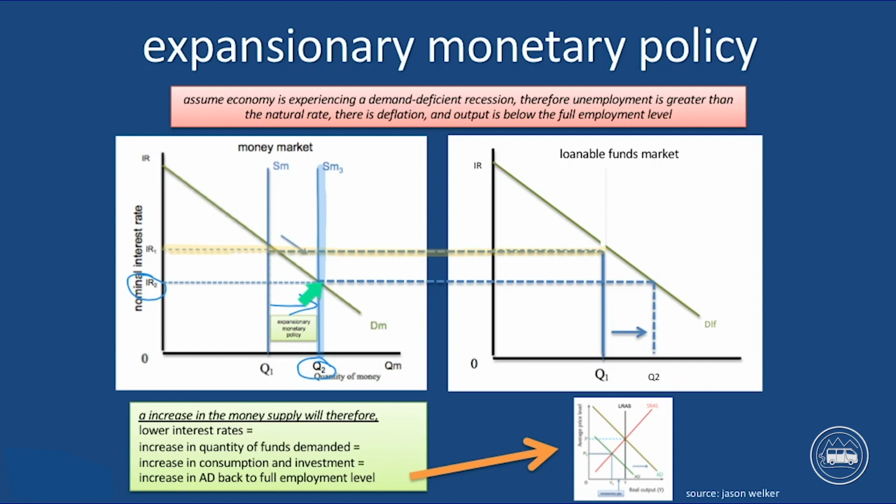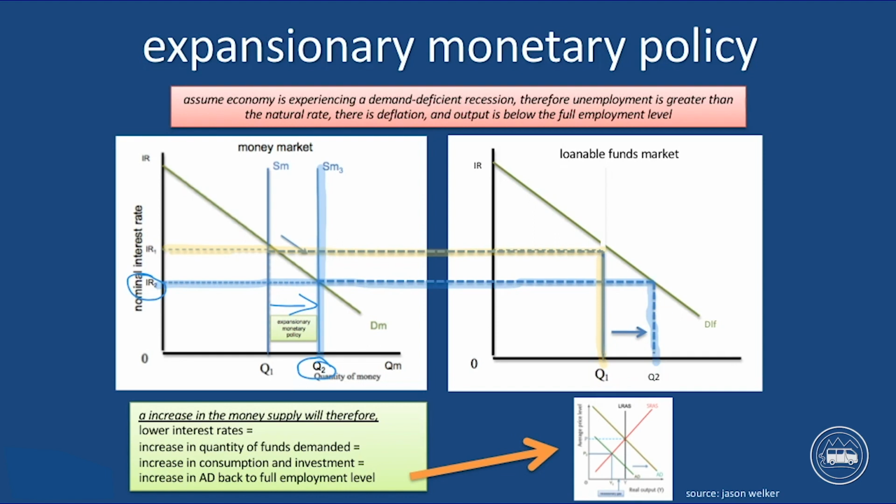By increasing the supply, money became cheaper and more of it was borrowed. And so what would that do? That would have the effect of dropping interest rates, which would increase the amount of money being borrowed in the economy from Q1 to Q2.